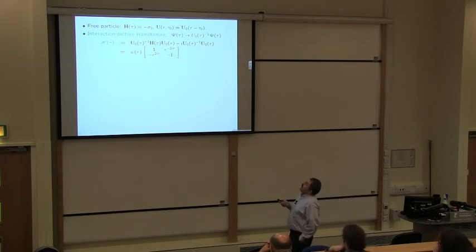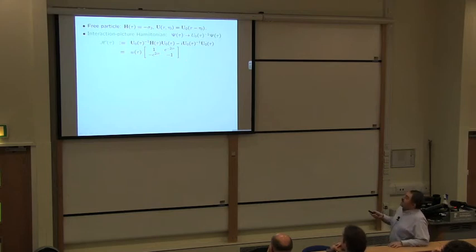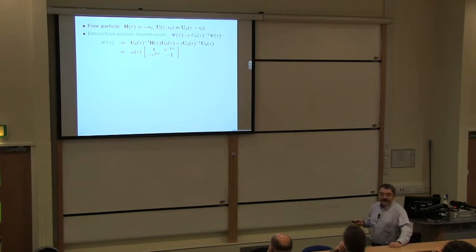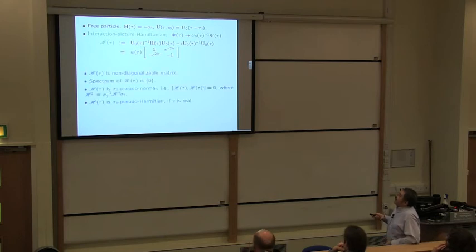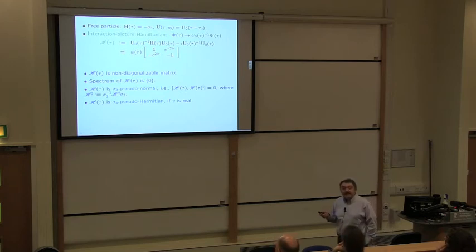Then I went to the interaction picture, the way you do always in field theory. The interaction picture Hamiltonian has this very nice structure. The potential factors out. This piece is universal. It is explicitly time dependent, with this effective time. And then I looked at this Hamiltonian. It's bizarre. It is not diagonalizable. Its spectrum is 0. The worst possibilities.